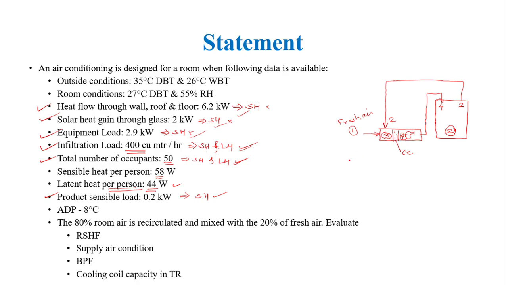To get the mixing condition I am using the formula M1 by M2 is equal to H3 minus H2 divided by H1 minus H3. This is the formula I will be using, which I have got from the mixing of two air streams. M1 is the 20% of air, M2 is 80% of air. The H3 value we don't know, that is what we are supposed to calculate.